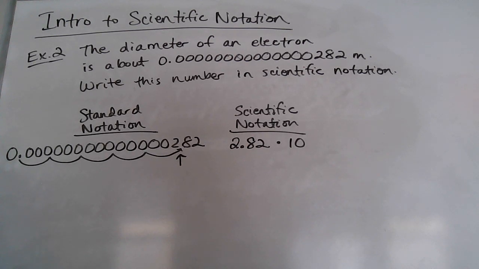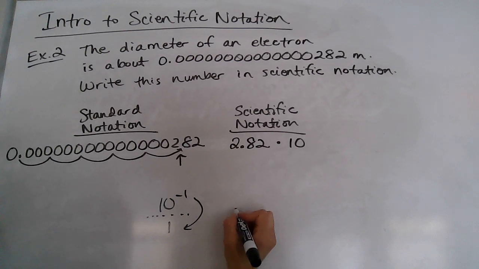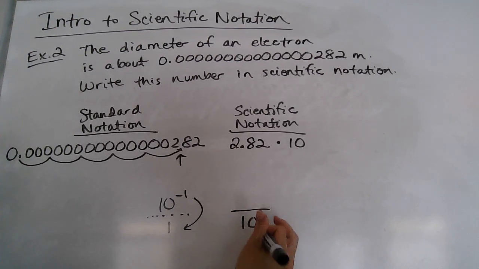And if you use a negative exponent, hopefully you remember that 10 to the negative 1 represents 1/10. 10 to the negative 1 means that this belongs in the denominator. Currently, it's in the numerator. So you move it to the denominator and make your exponent positive. And sitting on top is a 1. We don't leave nothing behind.